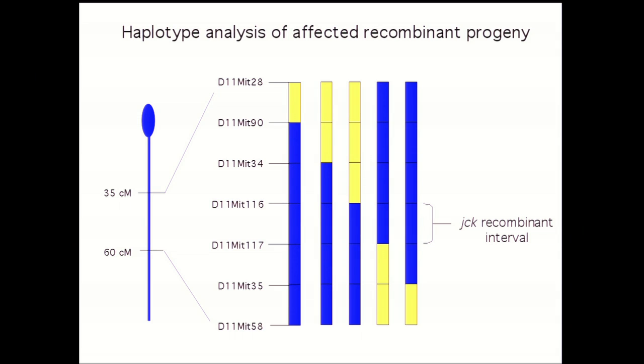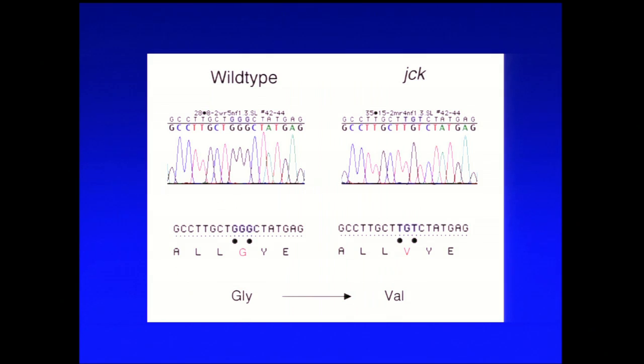And this is the recombinant interval, and then you can go into that interval and you can look at the genes, and at one point you had to go and fish them out themselves, and now you just look on your genome browser and you see what's there, and then you do your sequencing analysis and you find your mutation. So this is linkage analysis in model systems.